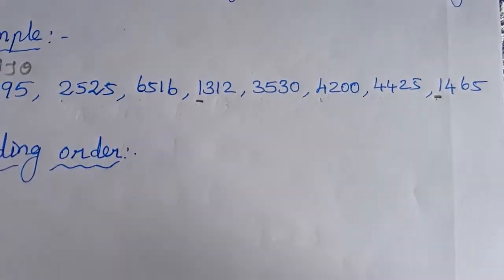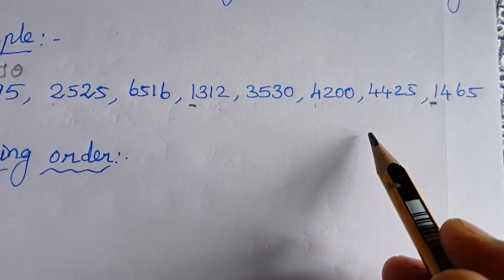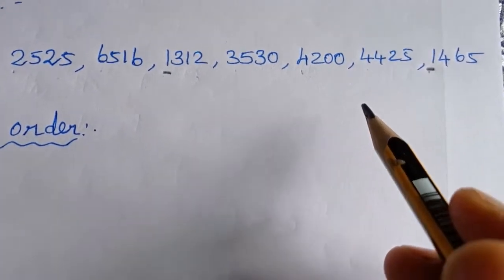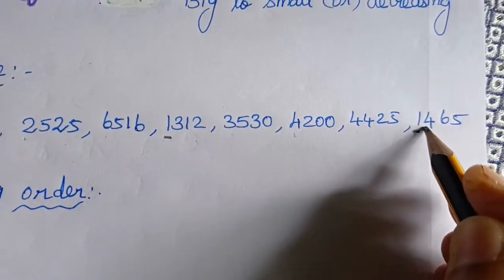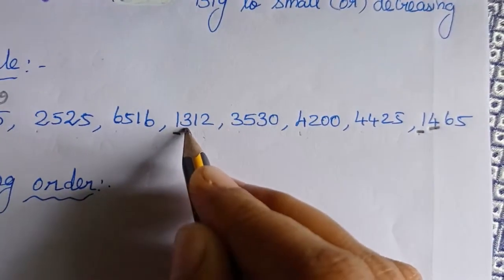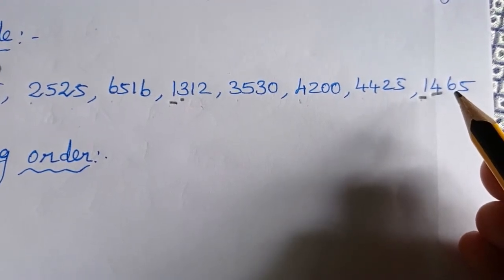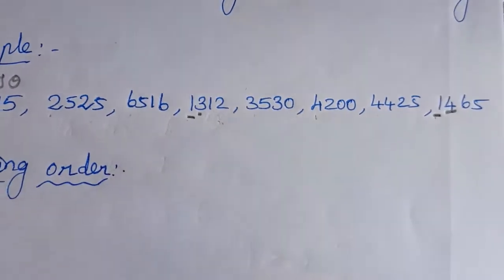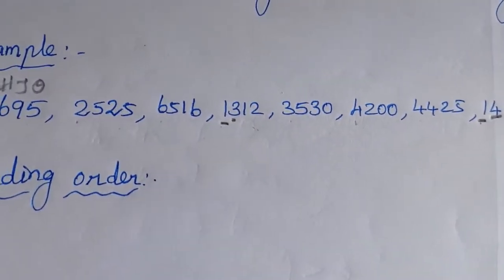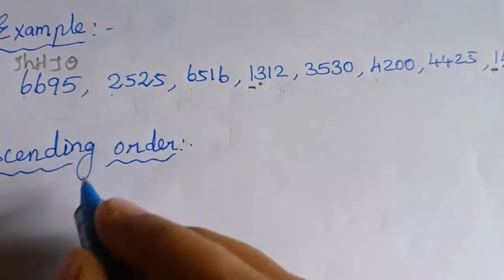You have to check their 100 place values for these two numbers. This number is 4 and this number is 3. Which one is smaller, 4 or 3? Yes, 3 is smaller.